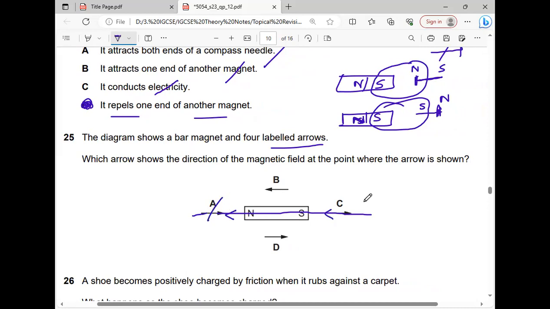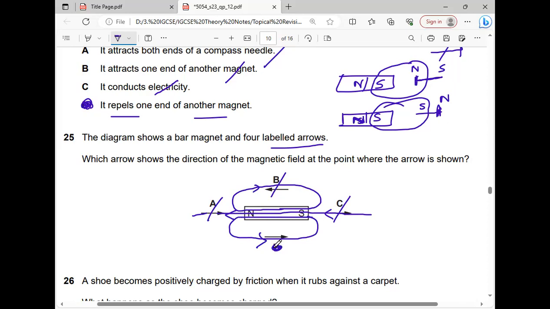So option A is wrong, option C is wrong. Now when we draw this one, lines always originate from the North Pole, so option B is wrong. Now this one, yes, option D is the correct answer.